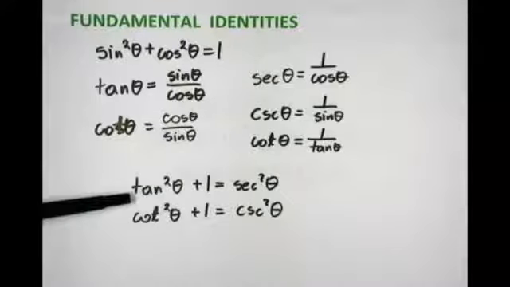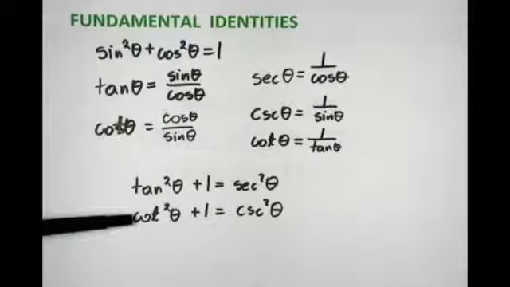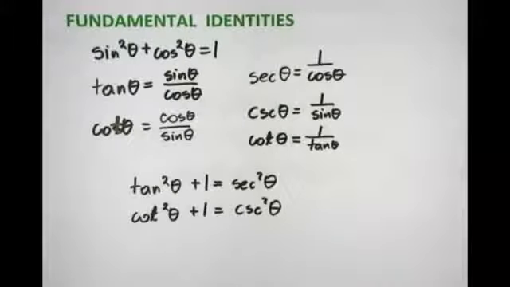We also have that tangent squared theta plus 1 is equal to secant squared. Cotangent squared plus 1 is equal to cosecant squared. Those are the fundamental identities. We also should know the basic double angle identities.